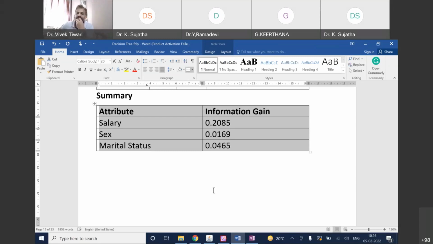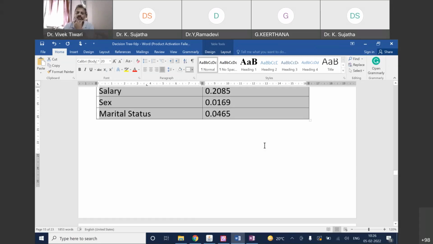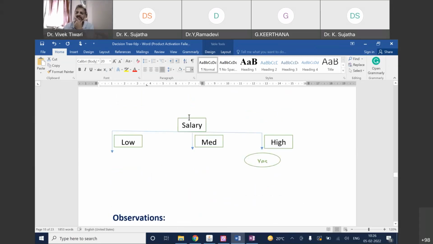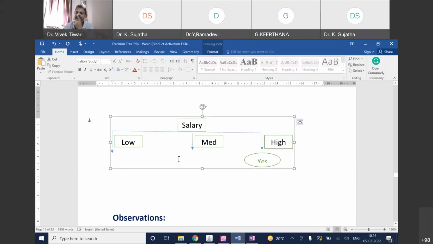The attribute or the variable that gives you the highest information gain will become the split node. So what is the meaning of that? The salary will become the node. Under the salary, there are 3 sub-branches, because of low, medium, and high.